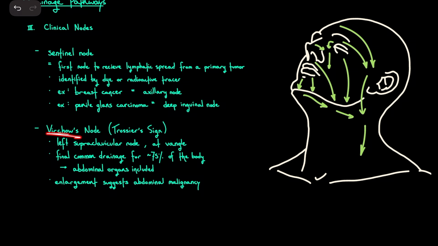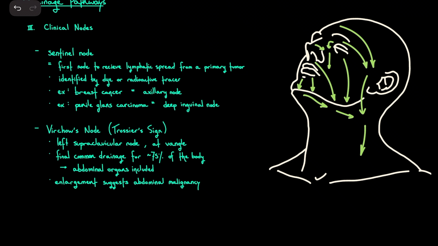Sometimes called Virchow's node, but if we want to just keep it simple, it's the left supraclavicular nodes, right around here. The final filter, the final sieve, the final checkpoint before dumping into the circulatory system.